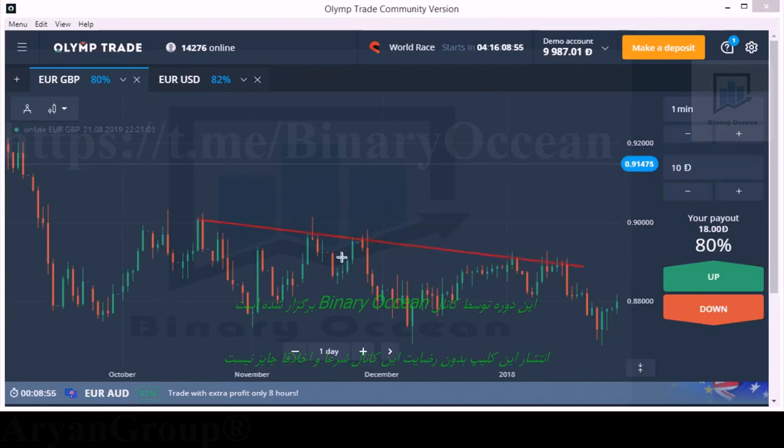Okay, here there is a seller's entry point, and the trend is also a downtrend. This is a seller's entry point, and we need to see the buyer's entry point too. Okay, here we are seeing a buyer's entry point, a buyer's entry point here.